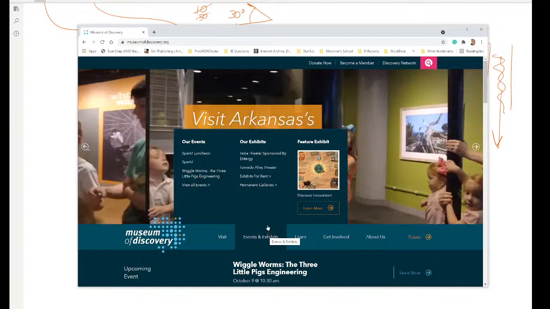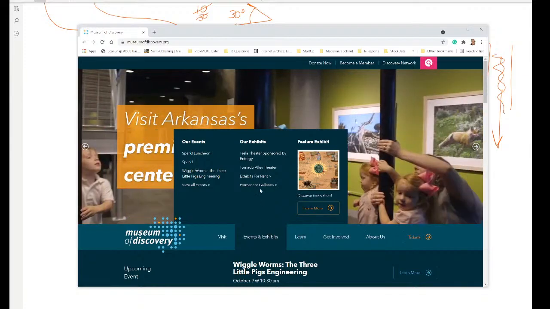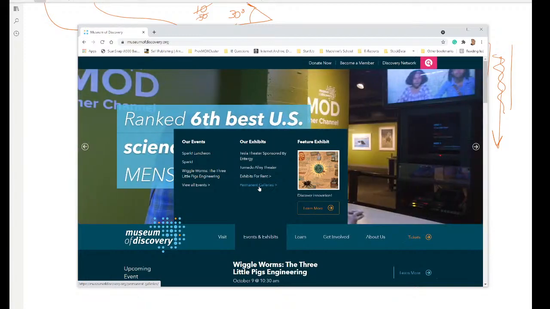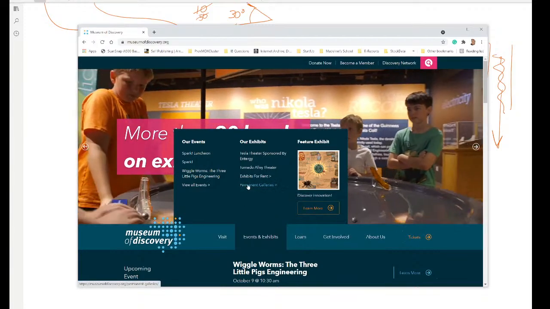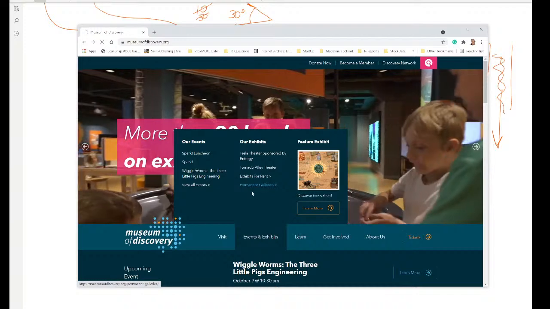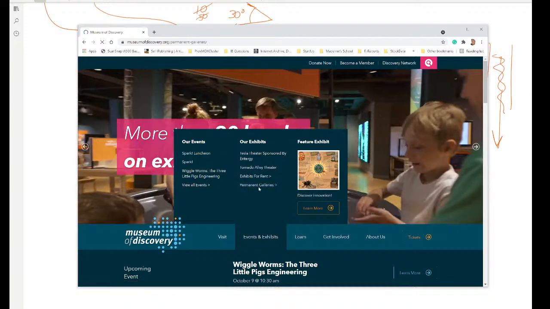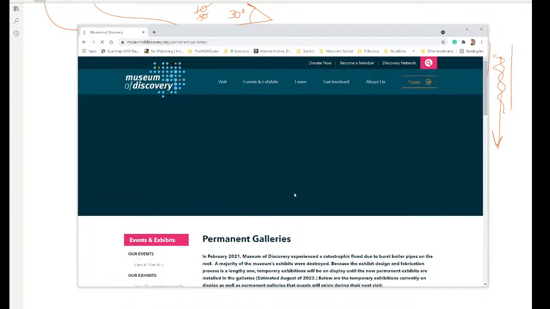Yeah, there's a permanent galleries. Let's see what's in there. Okay, I'll push the button. Okay.